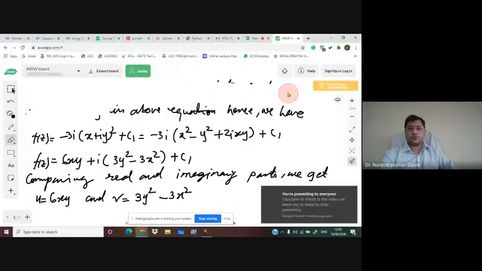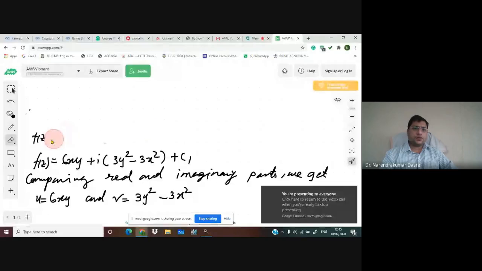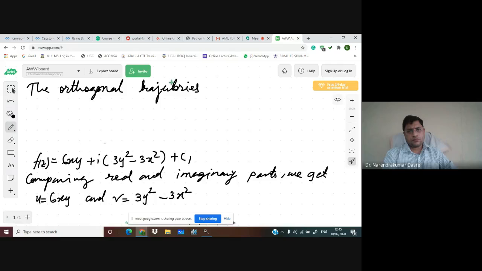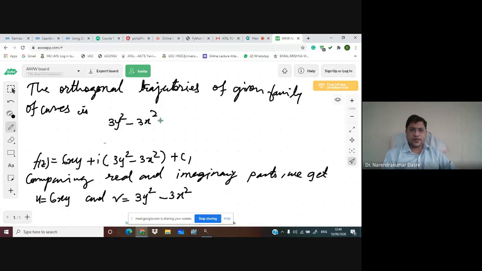So we have the final answer: the orthogonal trajectories of the given family of curves is what you have here, 3y square minus 3x square is equal to the constant.